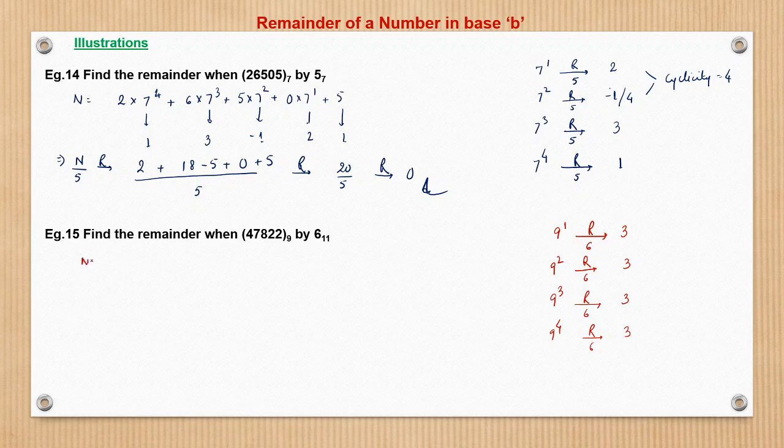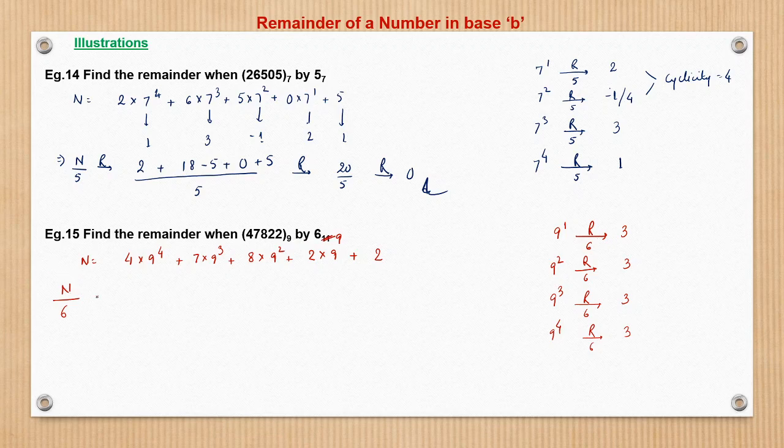So here n we can write as 4 into 9 raised to power 4 plus 7 into 9 raised to power 3 plus 8 into 9 squared plus 2 into 9 plus 2, right? So when we do n by 6, sorry, this is not base 11, this is base 9 only. It hardly matters even if it's 11, because the value of 6 in base 11 or base 9 is 6 only, but just to keep the question pattern the same.